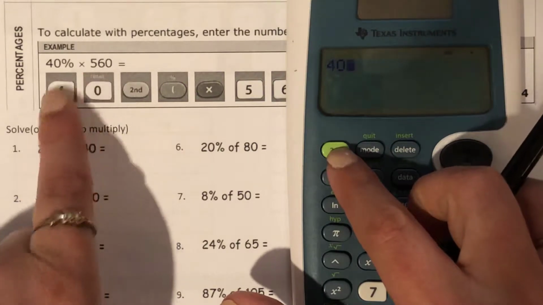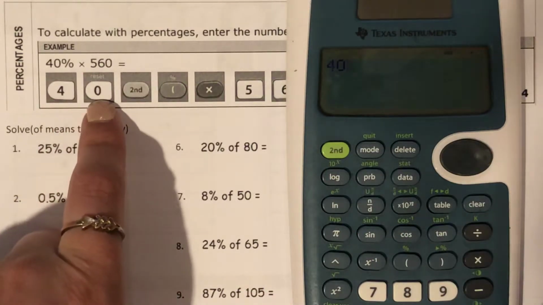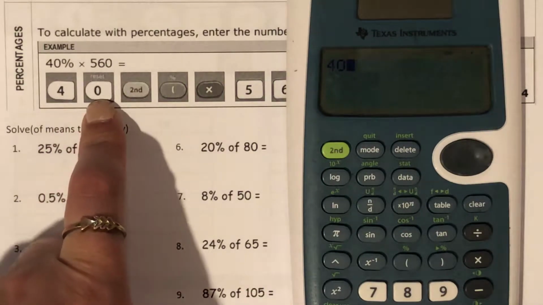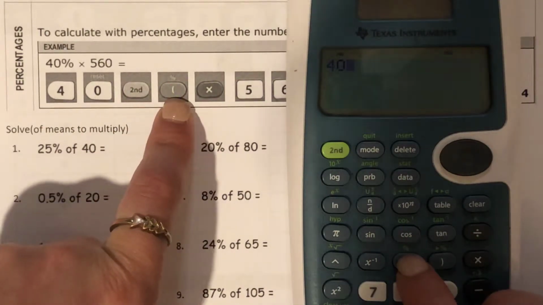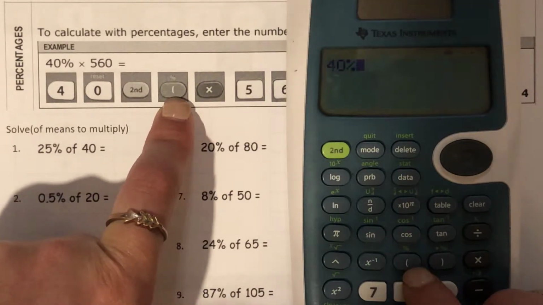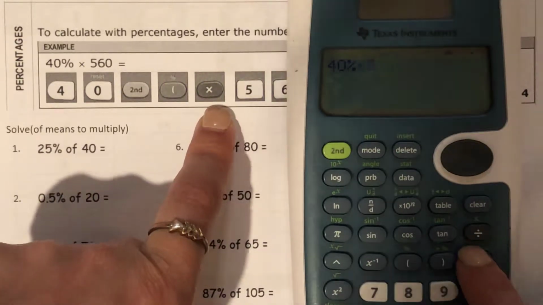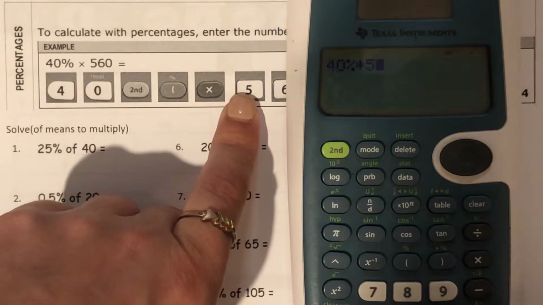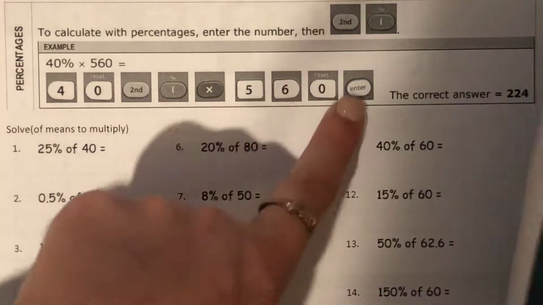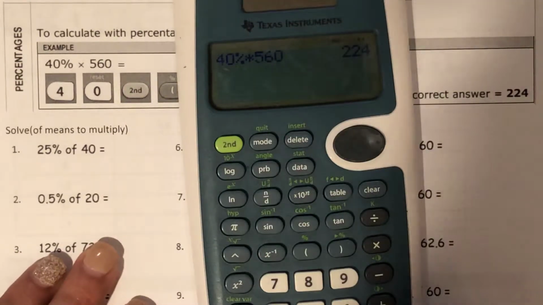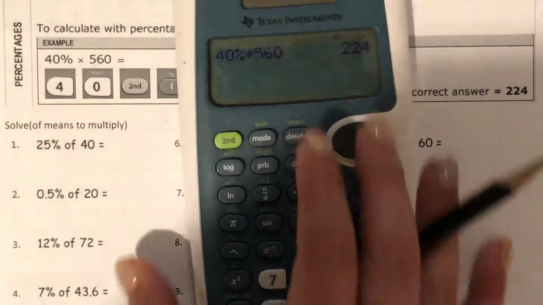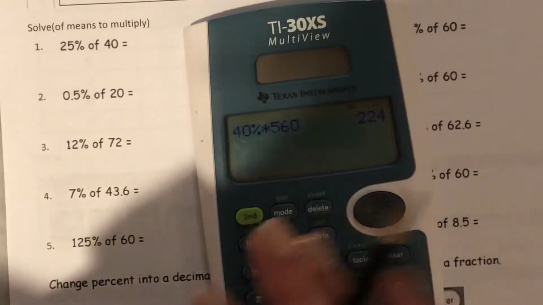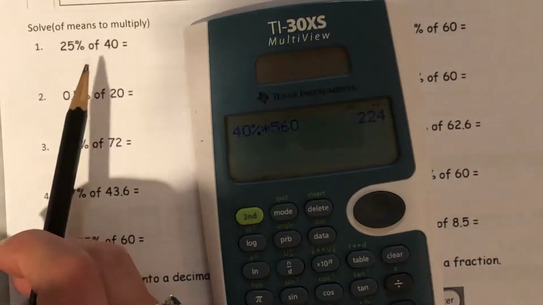So I need to do 40, second, and then the parentheses, because there's the percent sign above it, times 560, and then we press enter. We do get 224.